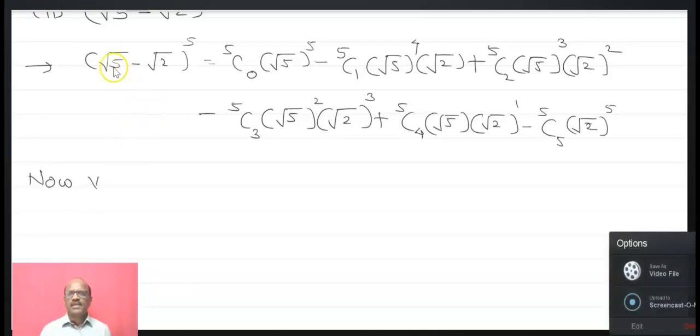Now see this here. Root 5 minus root 2 bracket raised to 5. Now by using the binomial theorem, that is 5C0 root 5 raised to 5 minus.